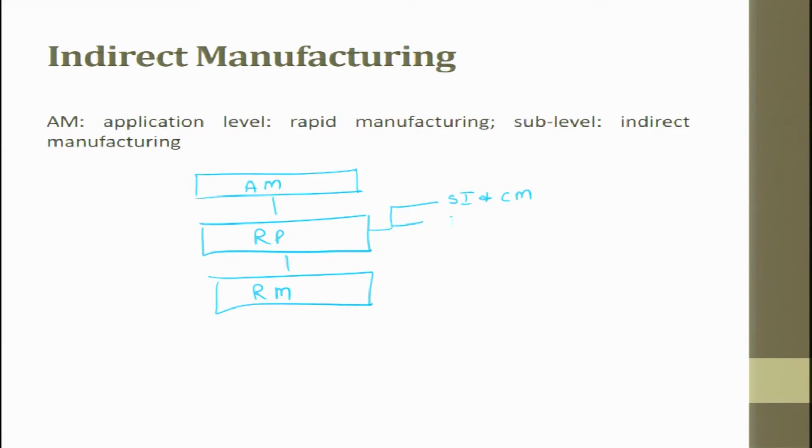Then we had our functional prototyping, then prototype tooling, then direct tooling, then direct manufacturing. Okay. And then from here, I said last time, we had indirect prototyping, indirect tooling, and now we have something called indirect manufacturing. Okay. So, what we are talking about now is indirect manufacturing here. So, this is a base figure.